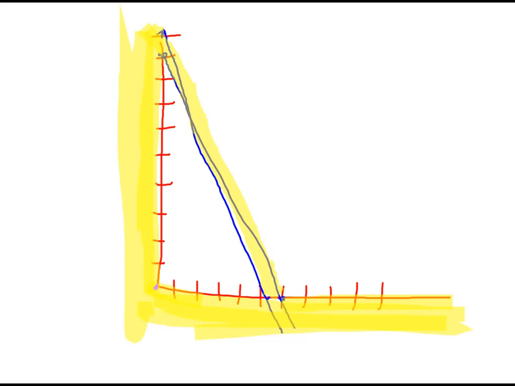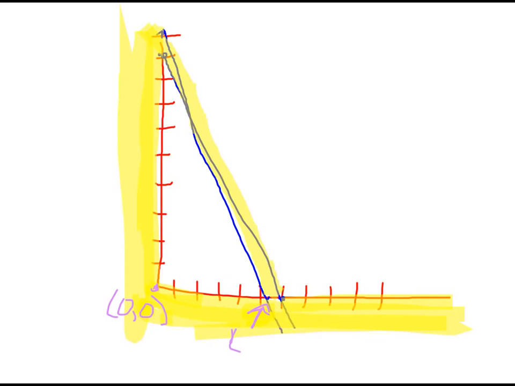We have a point here, where t equals 0 and c equals 0, so tables and chairs both equal 0.